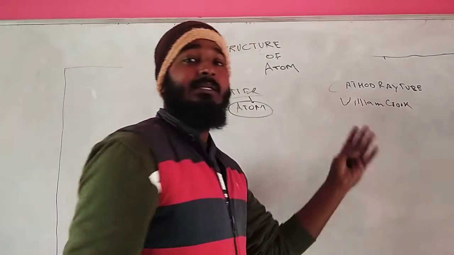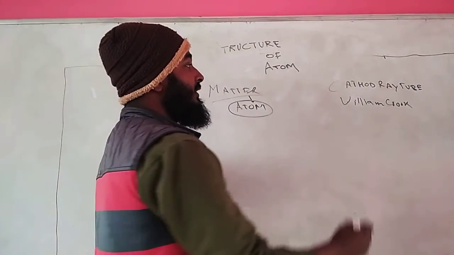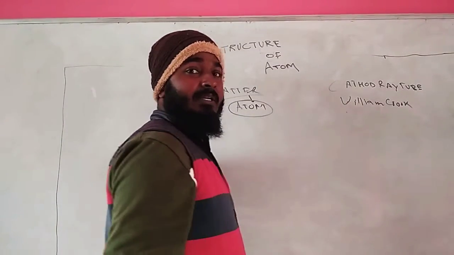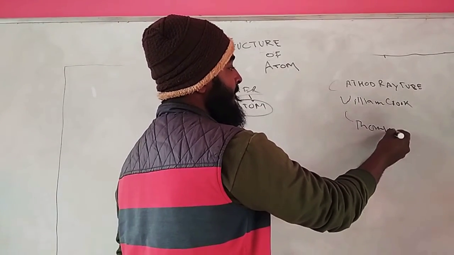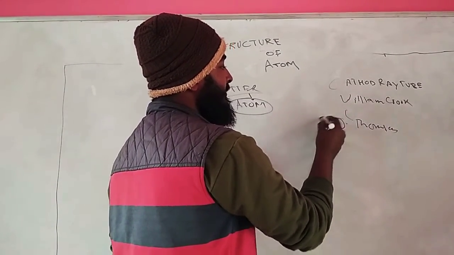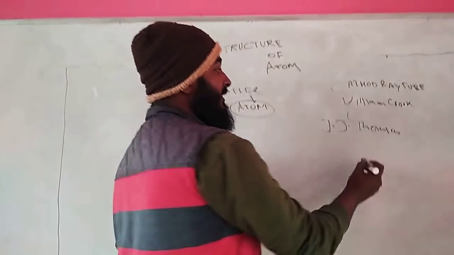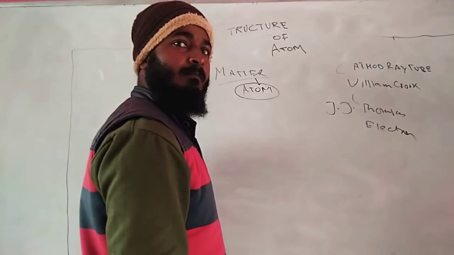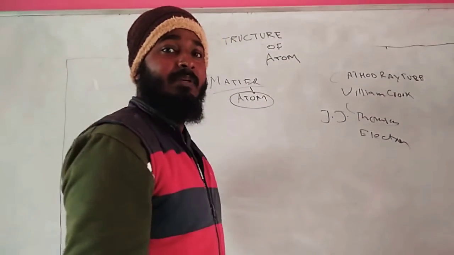But he didn't name what he found. There were negatively charged particles. Later J.J. Thomson named it electron.